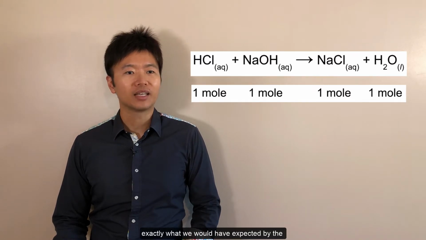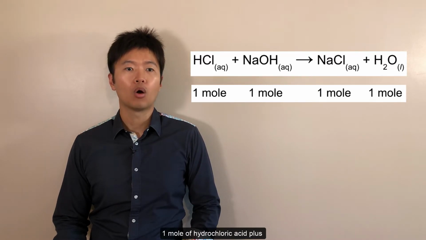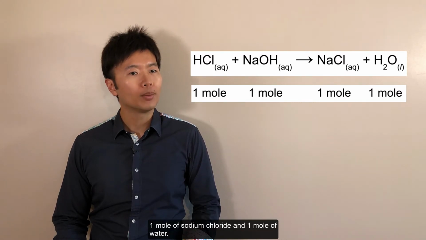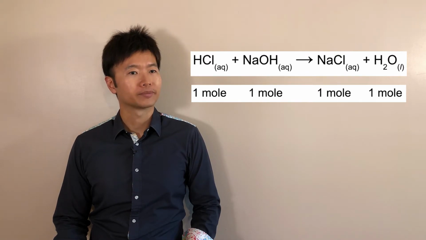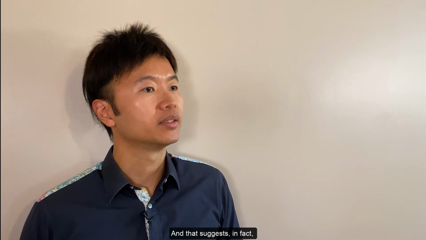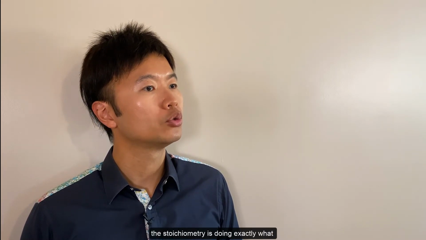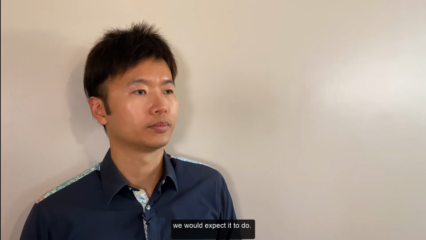That is exactly what we would have expected by the stoichiometric coefficients here. 1 mole of hydrochloric acid plus 1 mole of sodium hydroxide should give us 1 mole of sodium chloride and 1 mole of water. And that suggests, in fact, the stoichiometry is doing exactly what we would expect it to do.